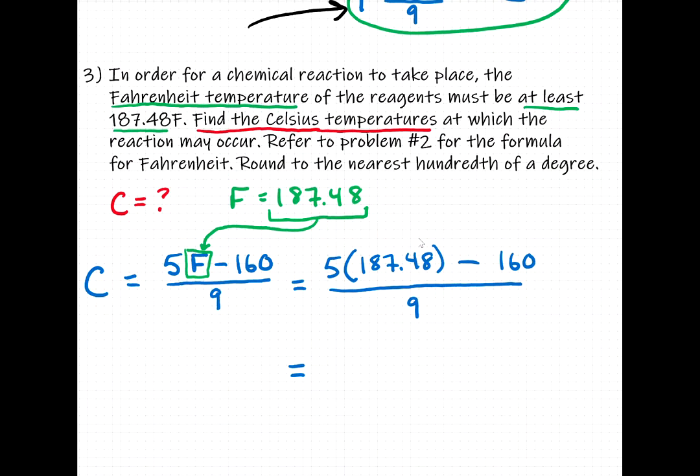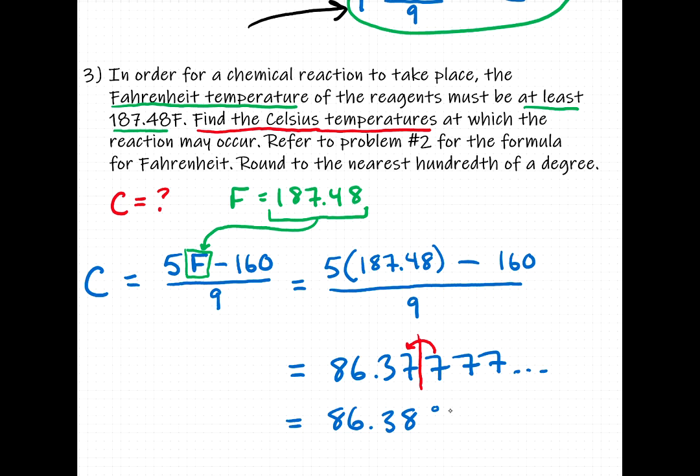Since the directions say round to the nearest hundredth, it will be 86.3, let's say 7, the 7s go on. So rounding it to the nearest hundredth would be 86 point, hundredth is 2 decimal places. This is bigger than 5, so that means we round up. So 86.38 degrees Celsius. And that would be our final answer for the problem.